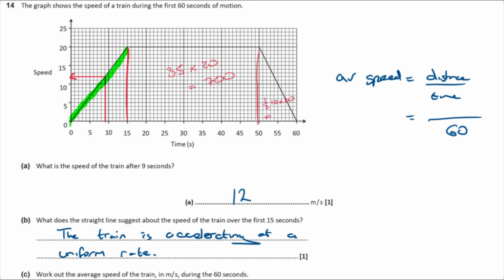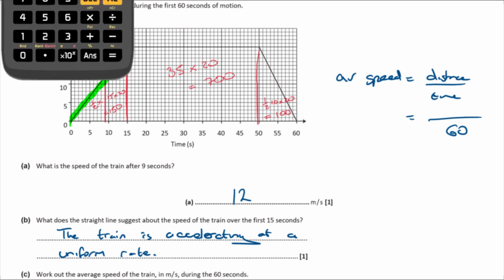That's going to be 200 divided by 2 is 100. And this one is going to be half of 15 times 20, which is 150. Okay, so then the total distance travelled is going to be 700, 150 and 100.